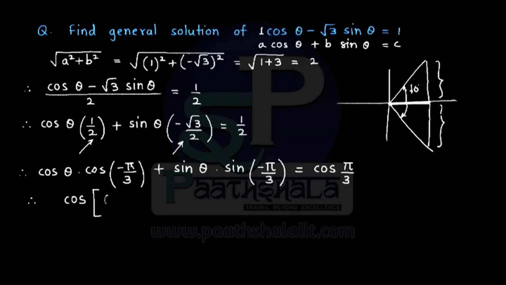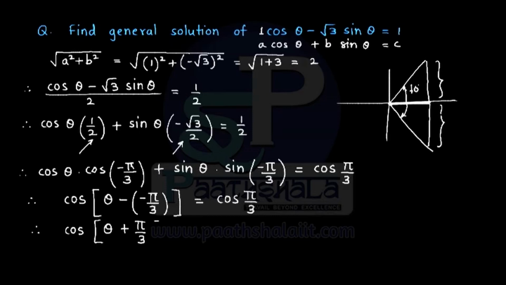So it is cos of theta minus pi by 3 is equal to cos of pi by 3. So we have cos of theta plus pi by 3 to be equal to cos of pi by 3.